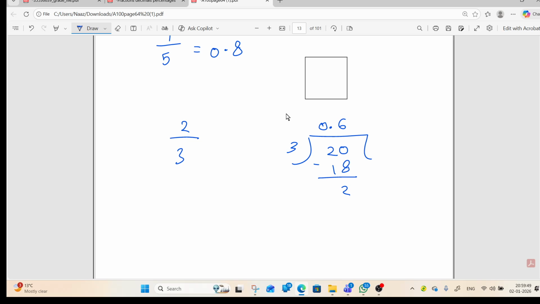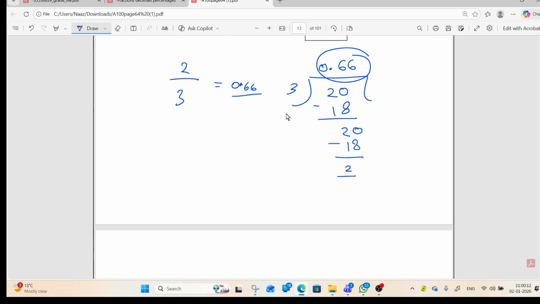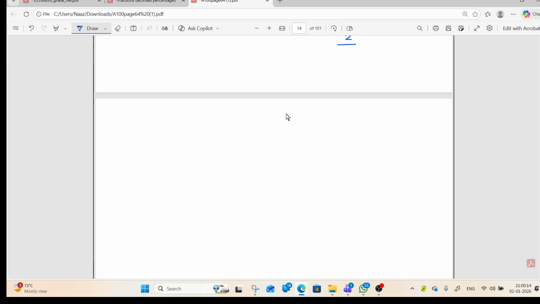With this same decimal point, I can put one more 0 here. Now this is 20. 3 times 6 is again 18, and again if I subtract, I get 2. If I just keep repeating it, every time I'm going to get 2 as my remainder. So I can just write 0.66. Clear? That's how we convert it.